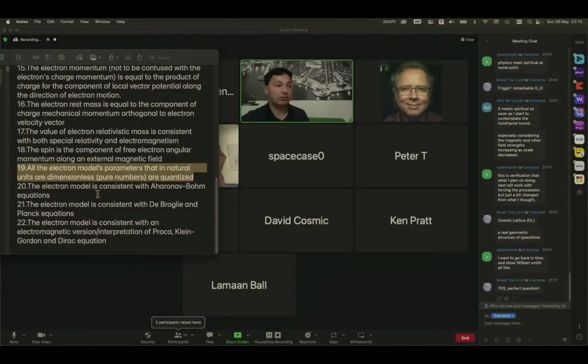You get the angular momentum that's also quantized, and magnetic flux. So these kinds of numbers, which then become pure numbers, such as magnetic flux, angular momentum, elementary charge, they seem to be quantized, and this is something that we still have to investigate for the deeper reason, but this is probably not a coincidence.